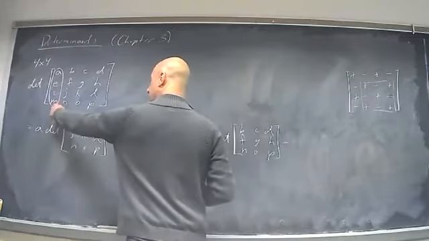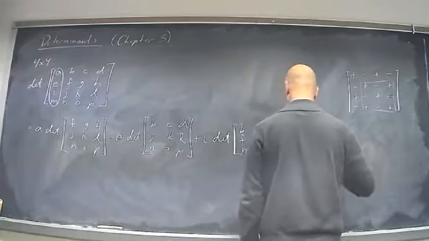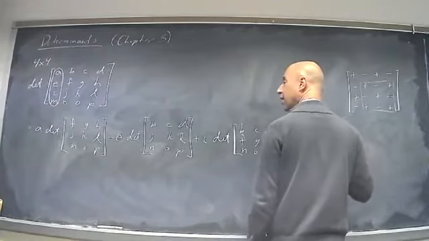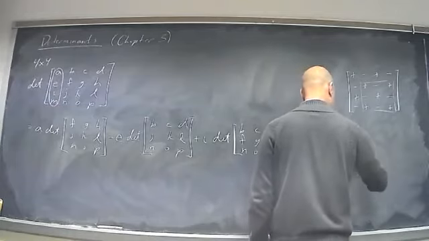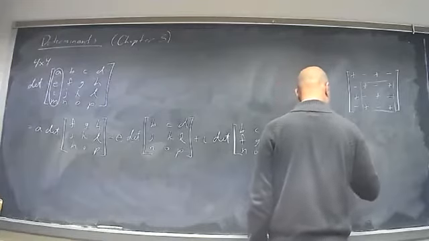Minus M times the determinant of its cofactor: BCD, FGH, JKL.